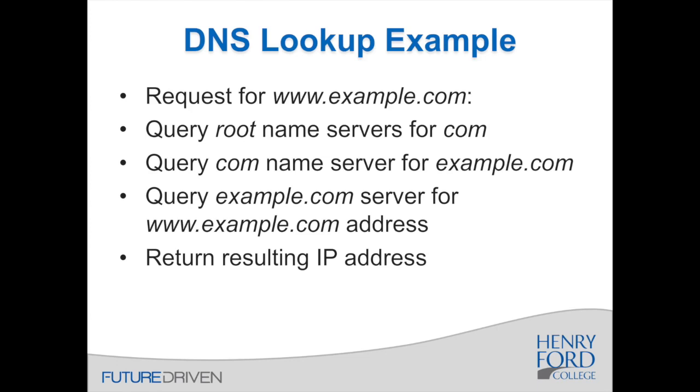Now this is cached, so any other .com website that you want to go to, or anyone else who uses that DNS server wants to go to, it will have the .com name servers cached, so it won't have to go look every time. So once that DNS server knows where the .com name server is, it will go ask it for the name server records for example.com.